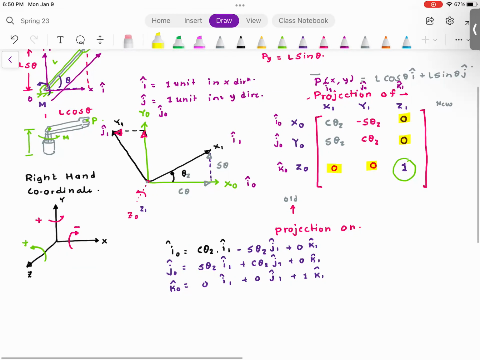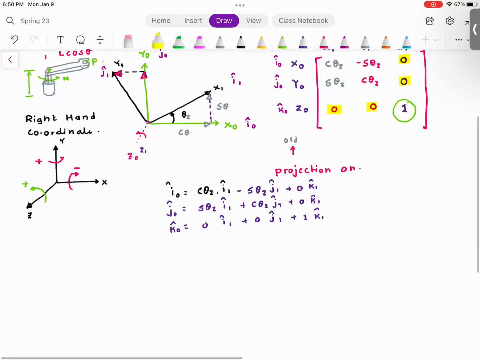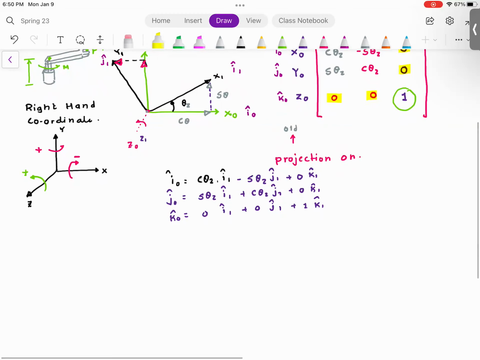This is the cosine theta, minus sine theta, cosine theta. That is the only transformation that you should remember. All the problems in robotics 1 will use this transformation, nothing else. Kinematics, dynamics, inverse kinematics, inverse dynamics. This is the transformation that you should remember. But just for the sake of completion and finishing chapter 2, let me add the other transformation.